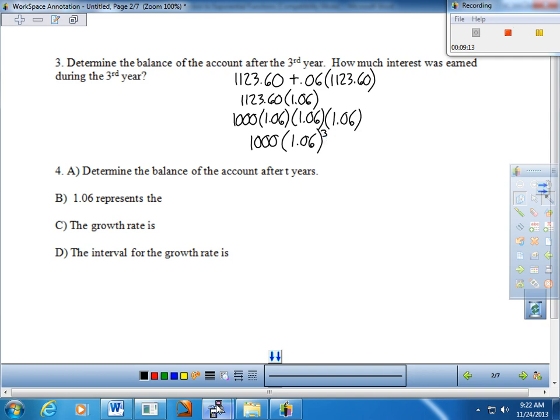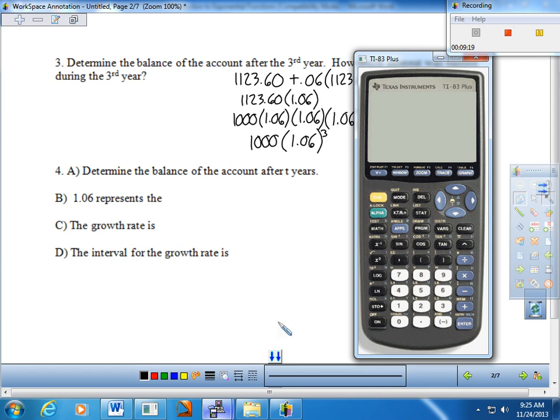Okay. Well, again, let's do the calculation there just to get our values in place. And then just want to make sure you see that both will produce it. So, you know, this is what we had at the end of the second year. I'm going to add 6% of that. So let me just go ahead and type that in. If you could do the same, that would be great. And there we go, about 1191.02. We'll round to the nearest cent there.